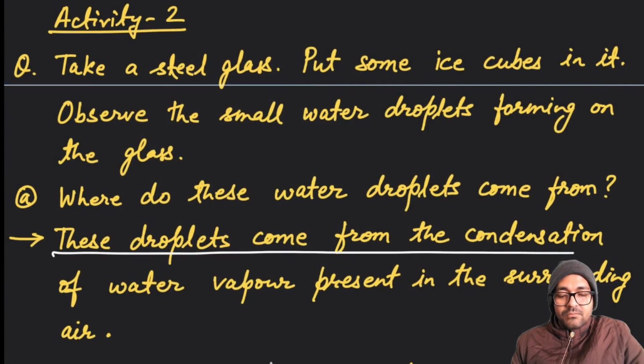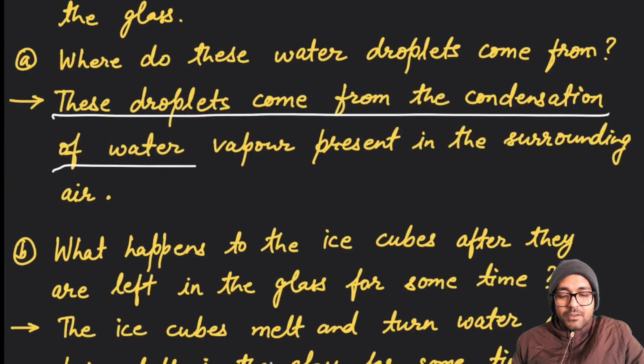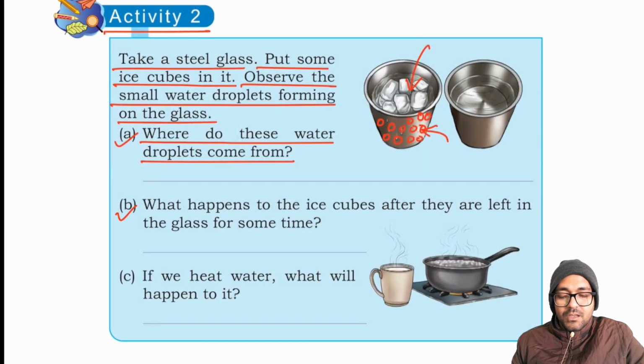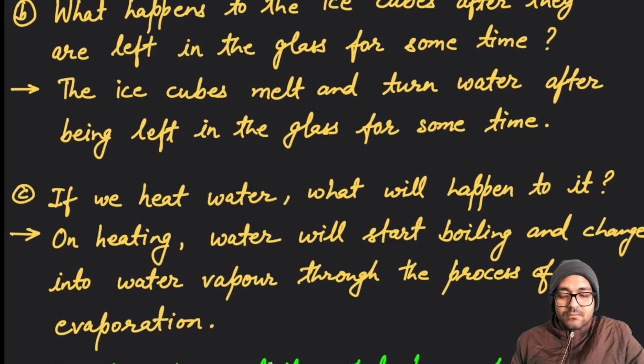These droplets come from the condensation of water vapor present in the surrounding air. B. What happens to the ice cubes after they are left in the glass for some time? Answer.